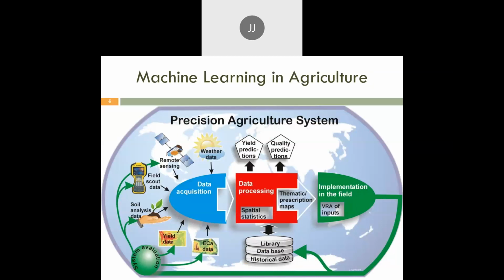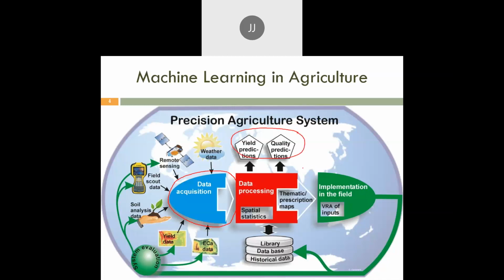So machine learning is a hot topic now because it is used in many areas, especially in food security and precision farming. All the data is acquired from the sensors, and once you get all the data, you need to do some data pre-processing. Then from there we can perform the prediction.